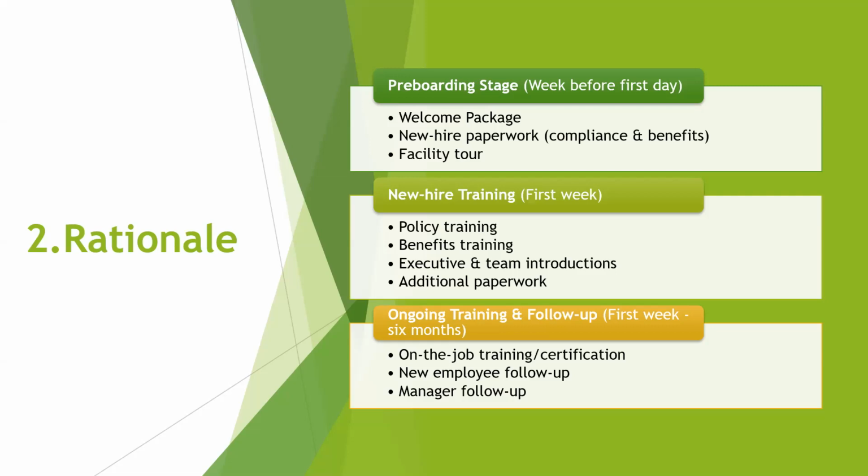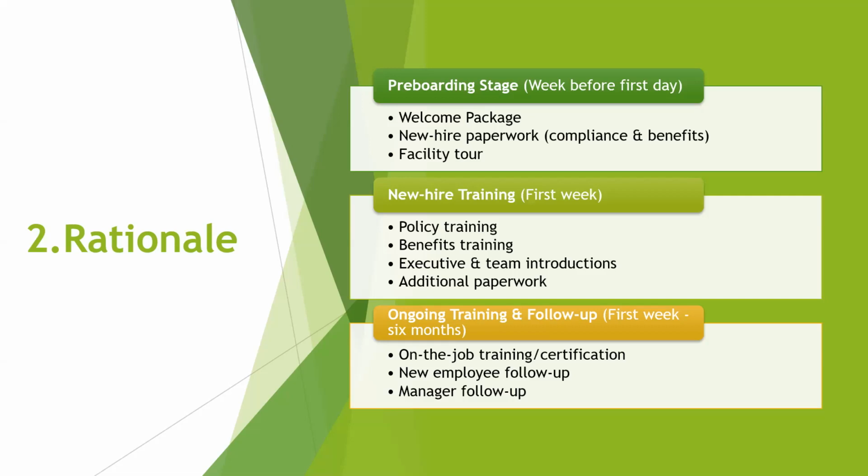Bamboo HR can be used to create and assign some of these trainings, such as policy training, HR training, and introduction to the team members. It can cover staff lunch, your welcome meeting, and different kinds of trainings that help the new employee get integrated into the system.